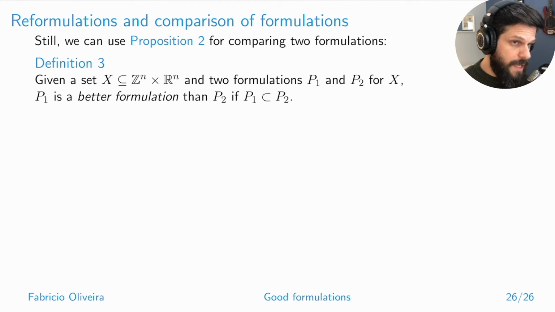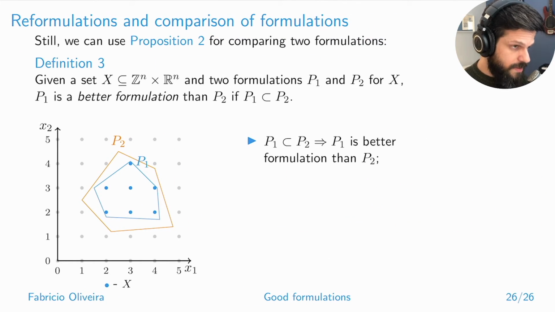We will say that P1 is a better formulation than P2 if we can show that P1 is contained within P2, because that will typically lead to a smaller number of LP relaxations that need to be solved in order to solve the original mixed integer program, and we say that's better because it is better performance.